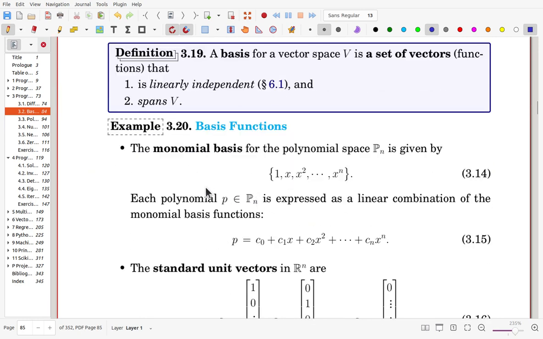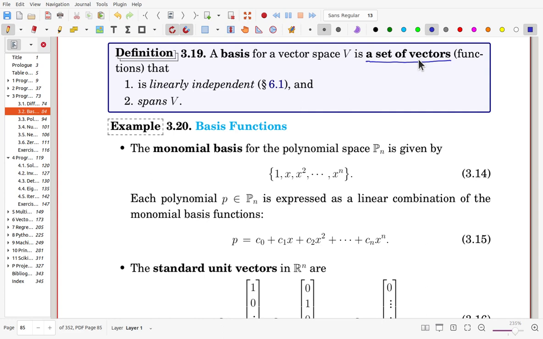Here we define bases. A basis for a vector space V is a set of vectors or a set of functions that is linearly independent and that spans the vector space V. Here, linearly independent means that one element in the set cannot be made from the other entries through linear combination.